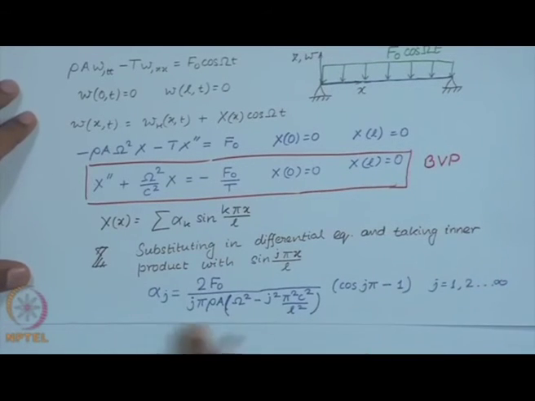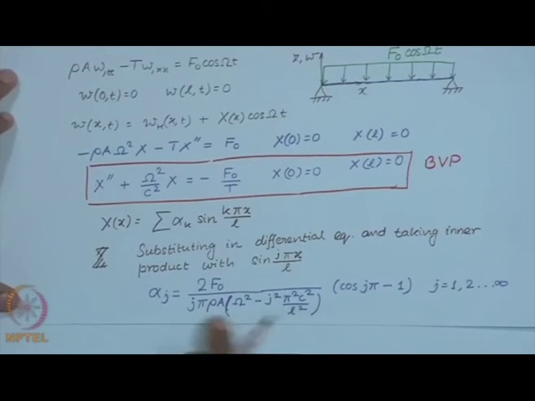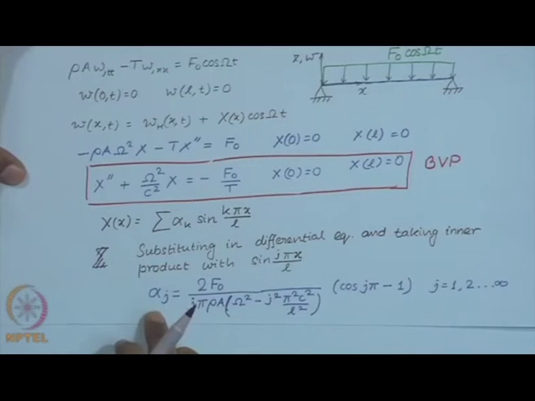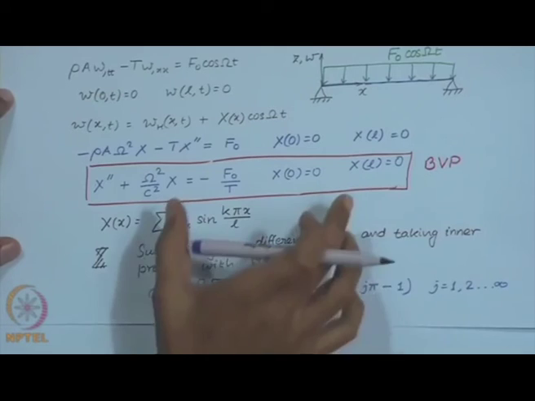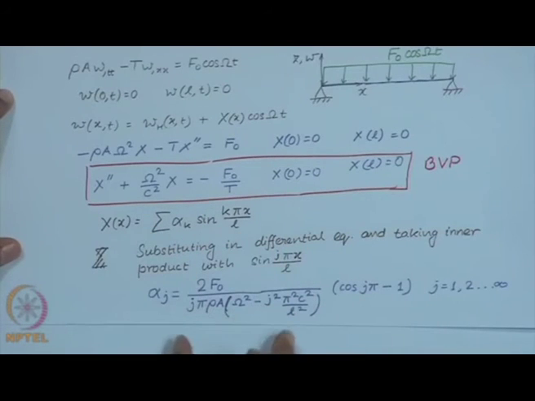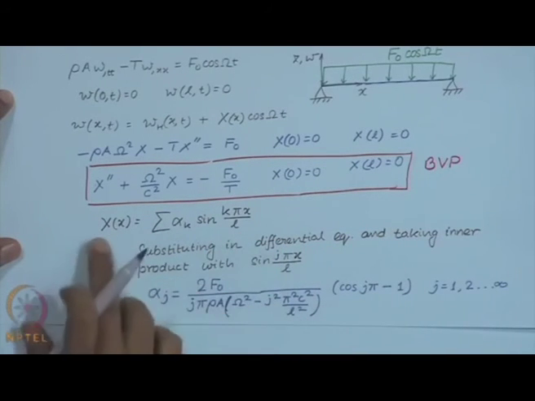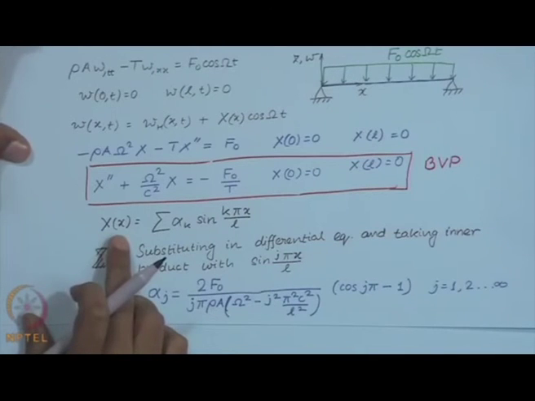So, you obtain the solution for alpha j and you can put in any value of j and get this alpha j, and now you can substitute in the expansion to obtain the amplitude function.